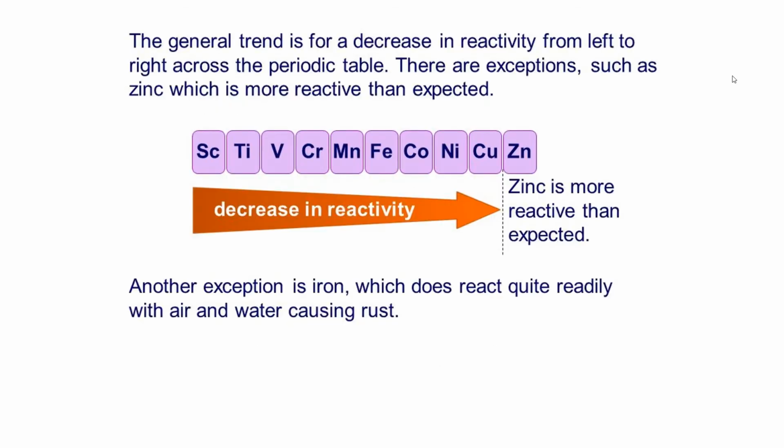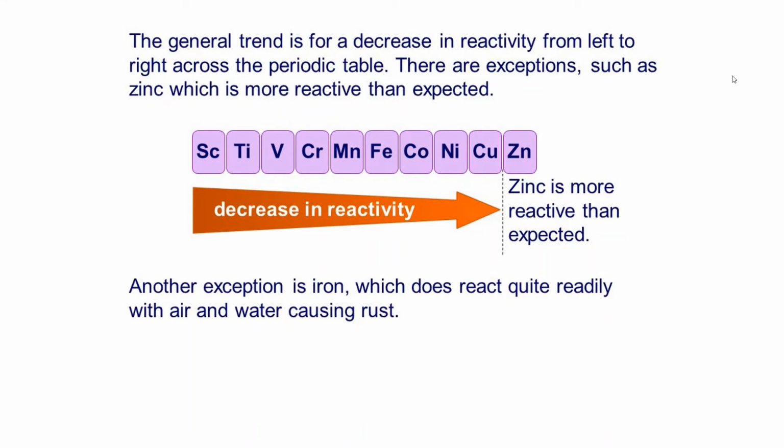There is a general trend for a decrease in reactivity from left to right across the periodic table, but there are some exceptions, such as zinc, which is more reactive than expected. So in the transition metal section, there's a decrease in reactivity.